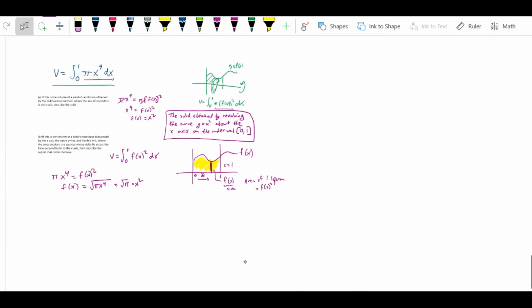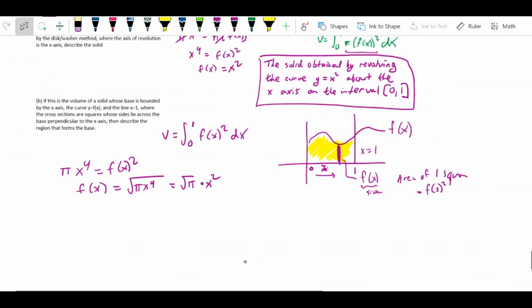What we have is a base that looks more or less like that, y equals the square root of pi times x squared, bounded on one side by 1, and we have the sides of squares lying across the region like this. I won't try to draw them so that they come out of the page, but you've already seen what those models look like. So the same integral can be interpreted in various different ways.